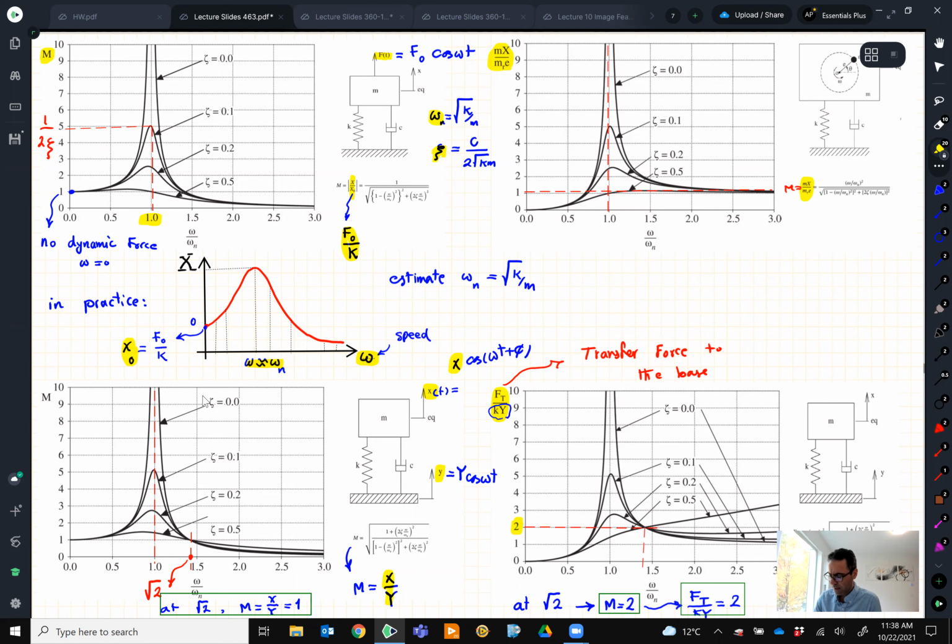And what else? Well, we know this peak over here, right? We know this one is not M. Remember, this one now is M multiplied by X0. Let's call this one X max.